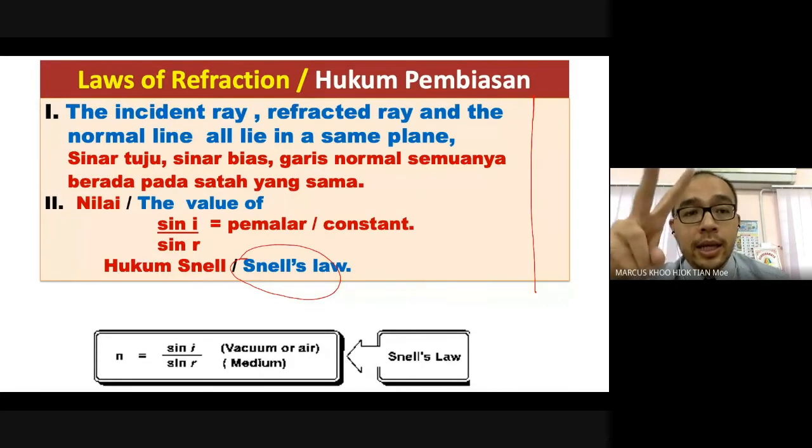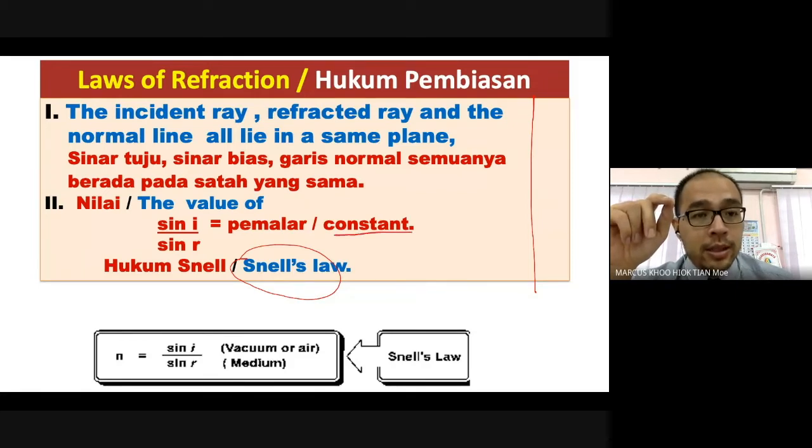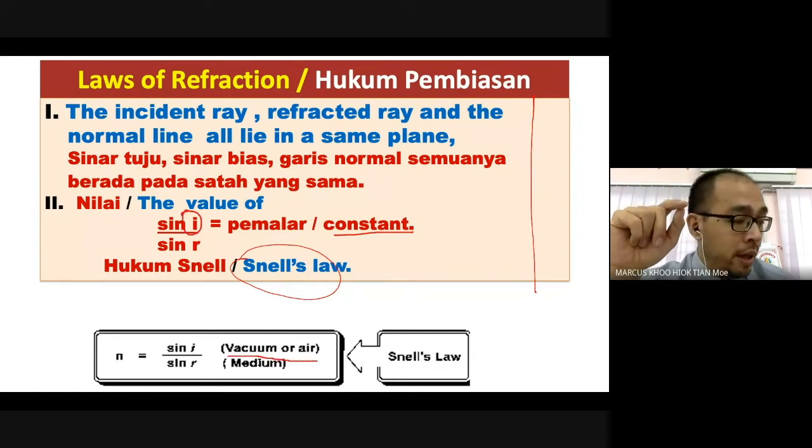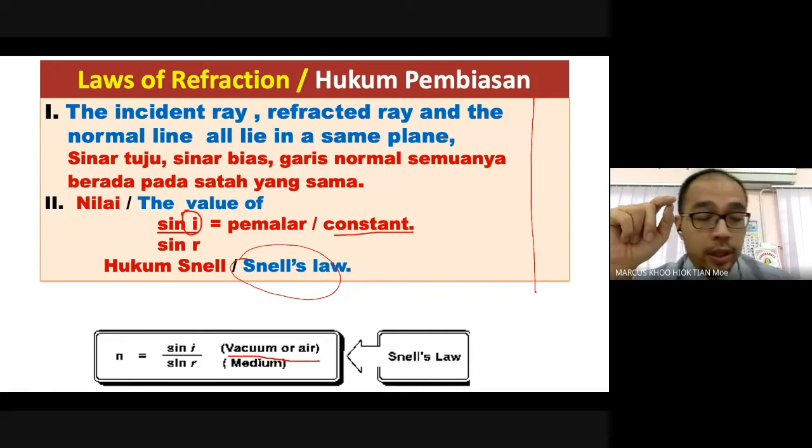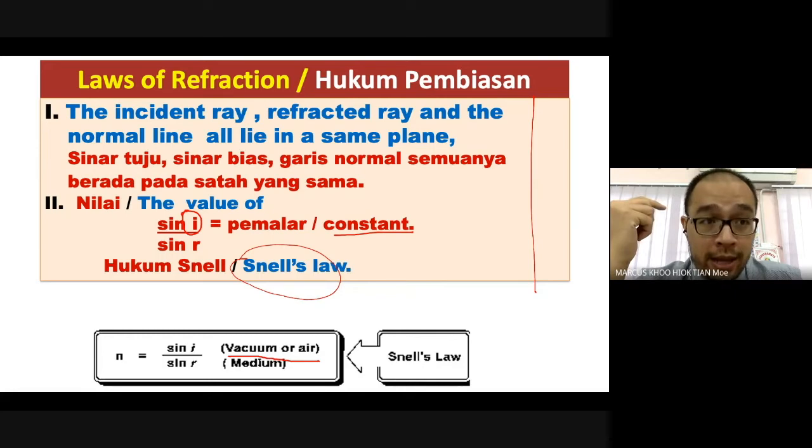The second law says that the value of sine I divided by sine R is a constant. But there is a condition to this. The I, the incident angle, must be in the vacuum or in the air. I think that's a very important thing that we need to remember.